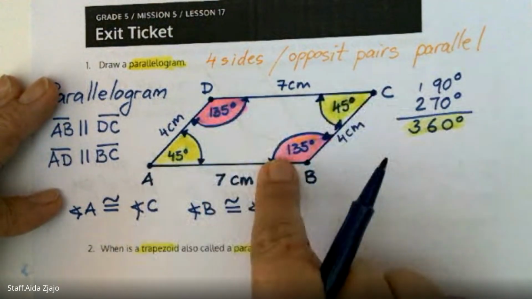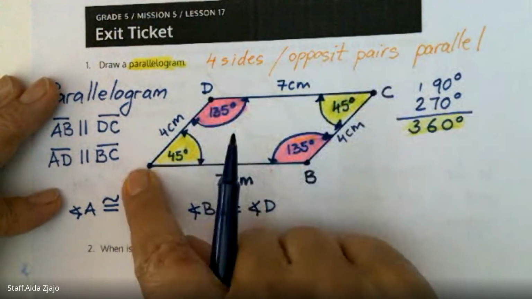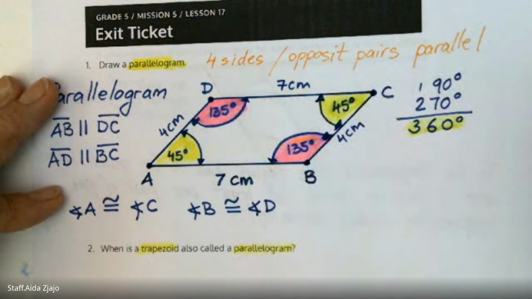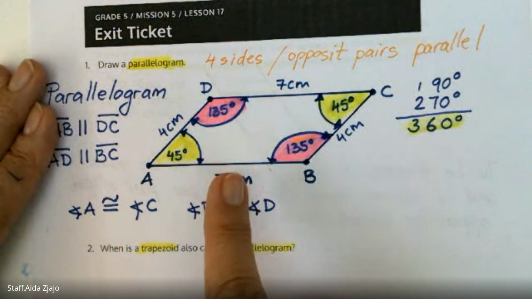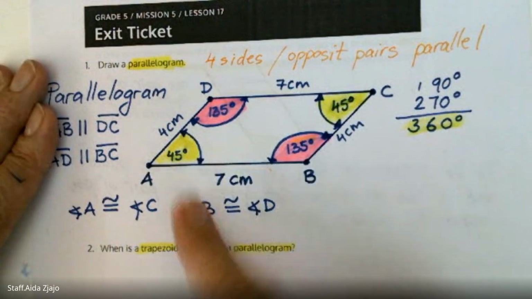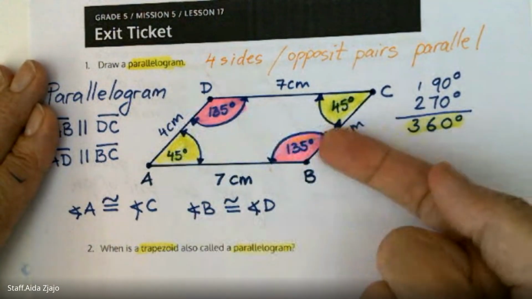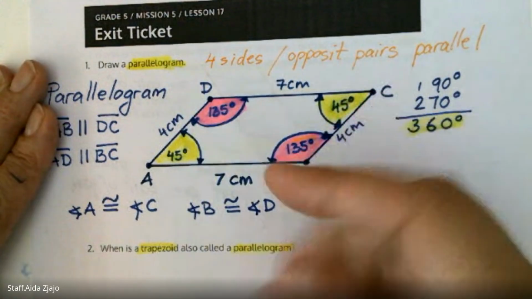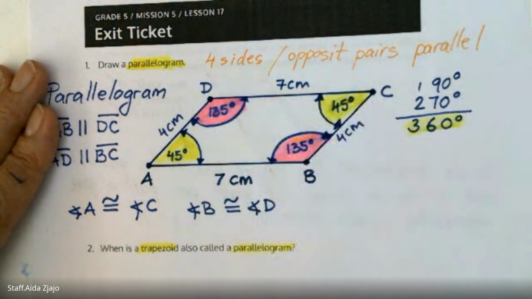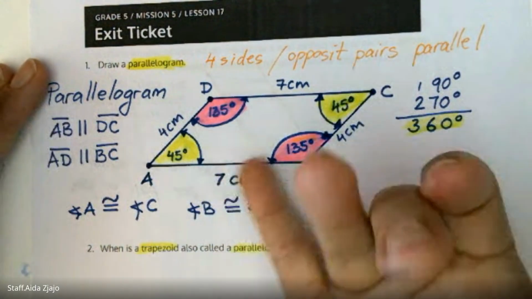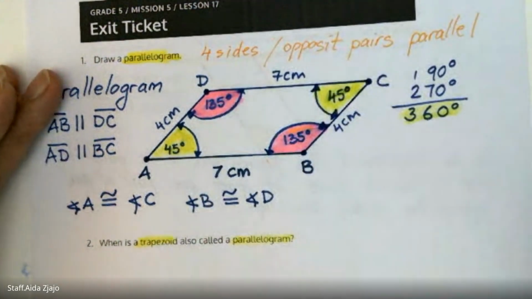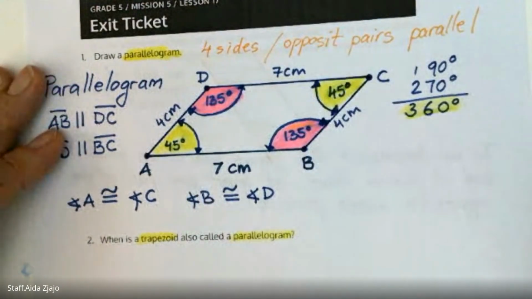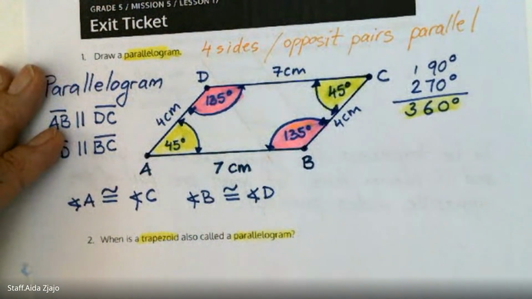So one pair and another pair. Because to be a trapezoid, you have to have at least one pair, and this parallelogram has two pairs, it doesn't matter, at least one. So it could have two. So every parallelogram is also a trapezoid. That's what I could elaborate on this question.